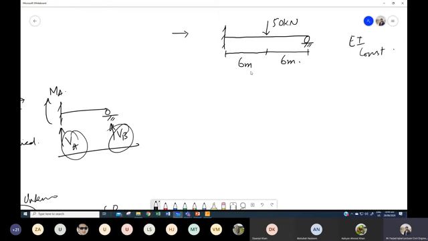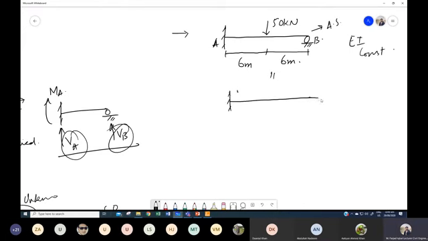And we have to find out the reaction. Again, we will split this beam into two beams. This is our primary structure, and since we are supposed to take the redundant at B support, this is A, this is B. So we will remove this roller support. Sorry, this is our actual structure. This fixed support will remain as it is.